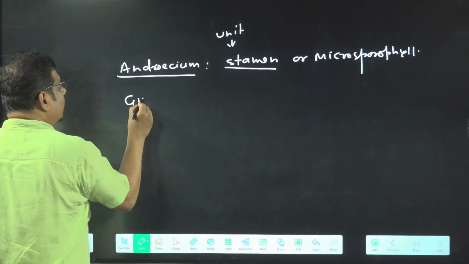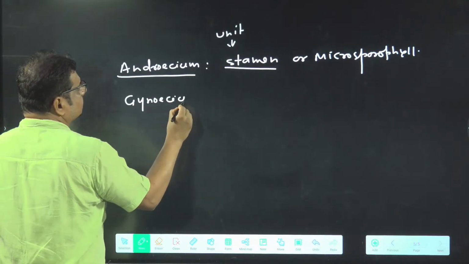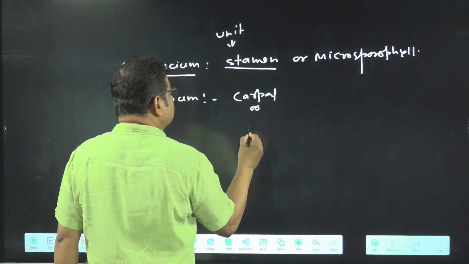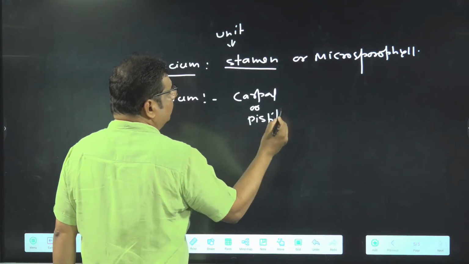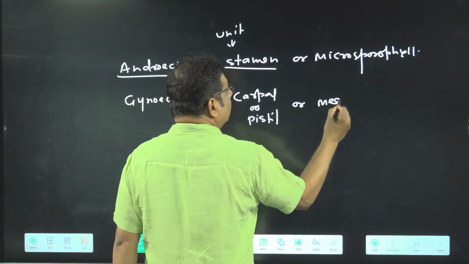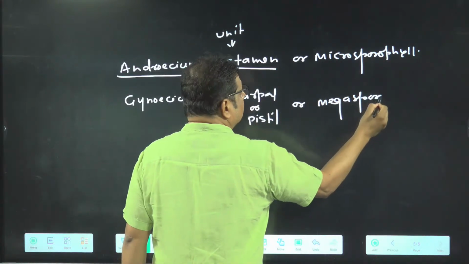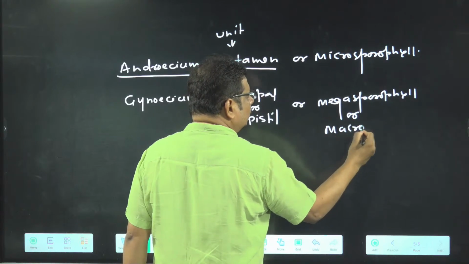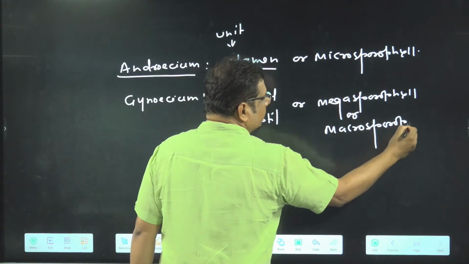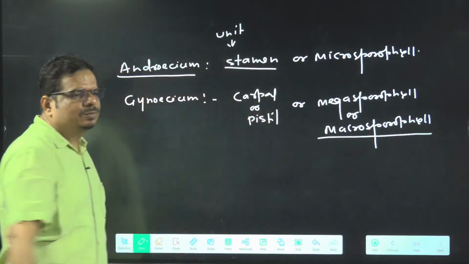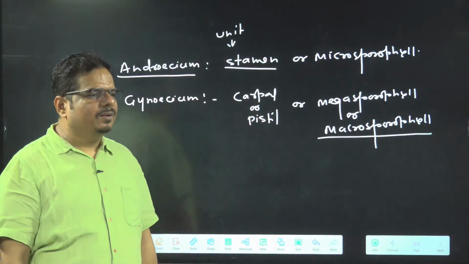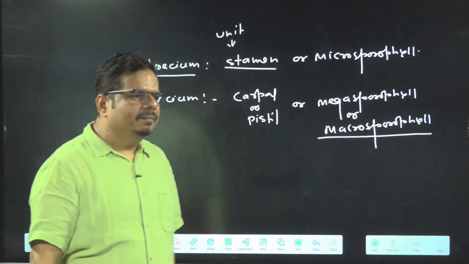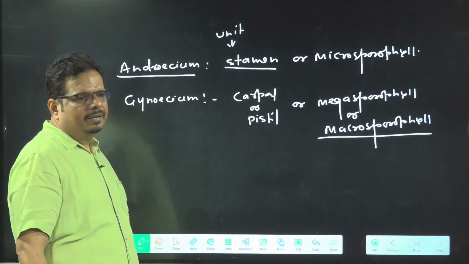And if we talk about gynoecium, it is carpel or pistil as a unit, and it is also called megasporophyll, or macrosporophyll. Mega and macro terms we use for the female part, and micro we use for the male reproductive part. Getting the idea?